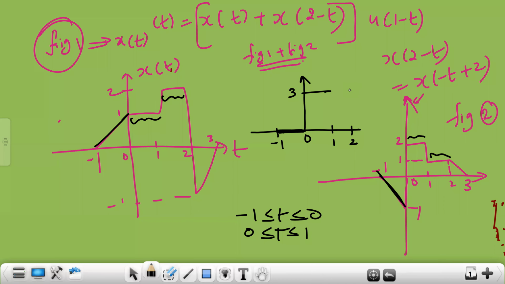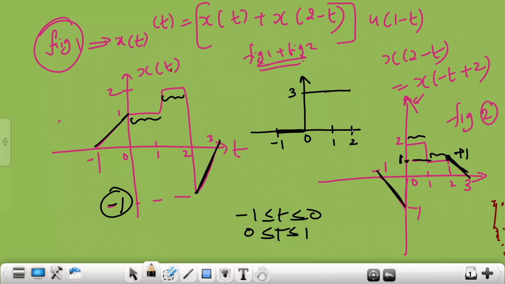Again, from 2 to 3, this is like this, and this is like this. These are two symmetrical signals, one of amplitude -1, and what is the amplitude of this? It is +1, isn't it? So if you add this as well as this, it will cancel out. Again, the signal is 0.